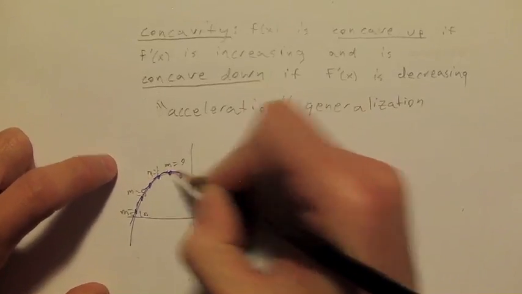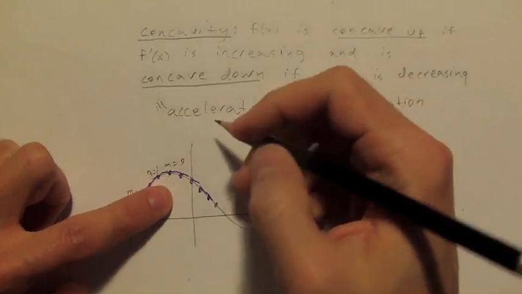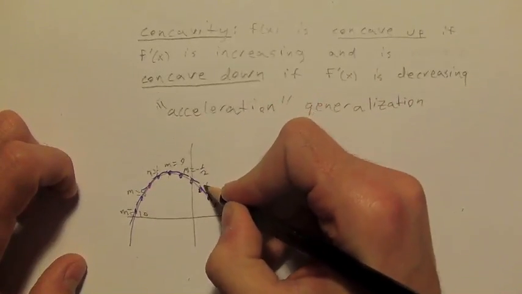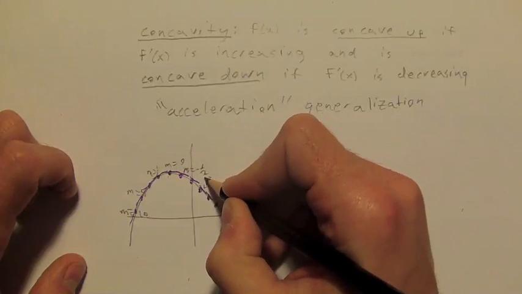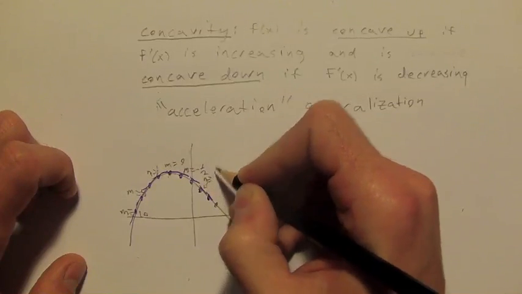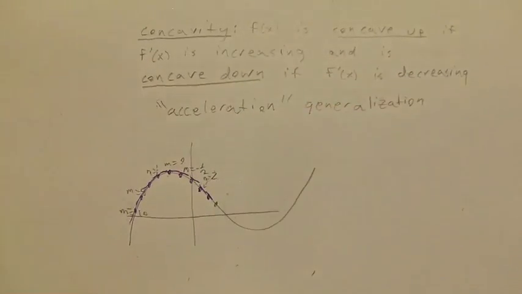This is where we have a local max. And then it starts to get negative, so maybe this is -1/2, and this is -2, and it starts getting steeper.